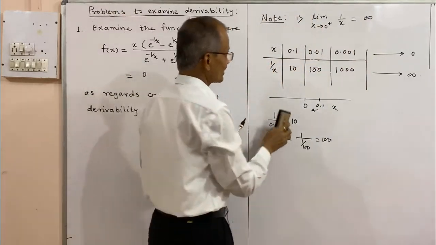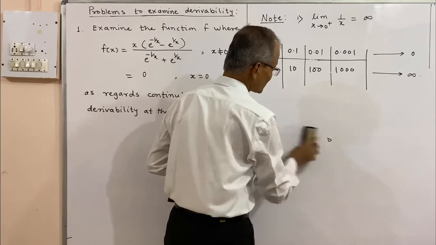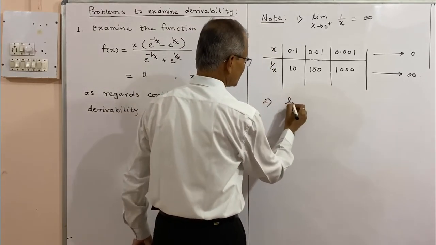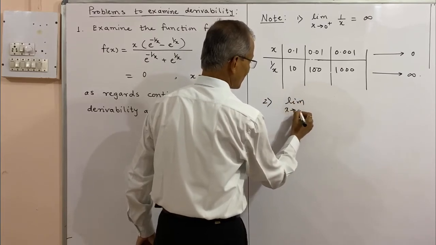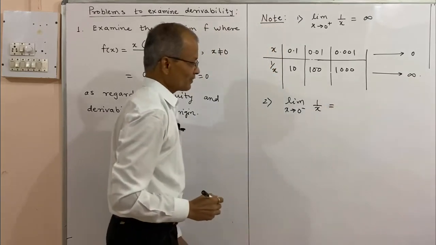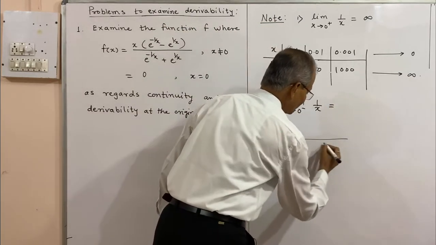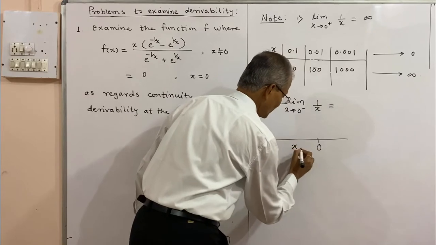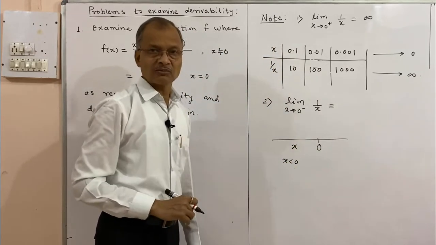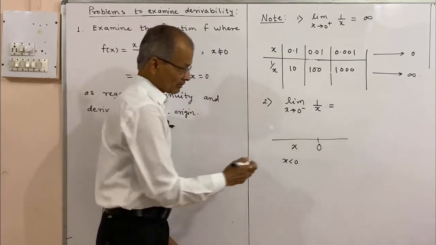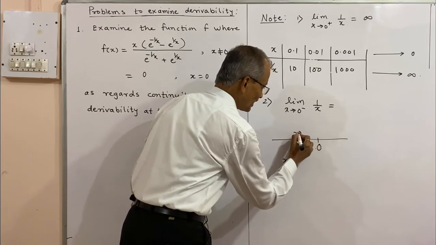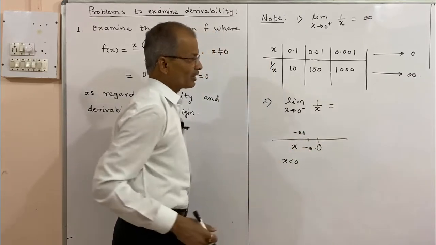Now the second thing we shall consider is the limit as x tends to 0 from the left of 1 by x. Now what is the change here is x is on the left side of 0. 0 is here, x is on the left side of 0, means x is less than 0, and x is negative but close to 0, and those numbers will be say minus 0.1, minus 0.01, minus 0.001.